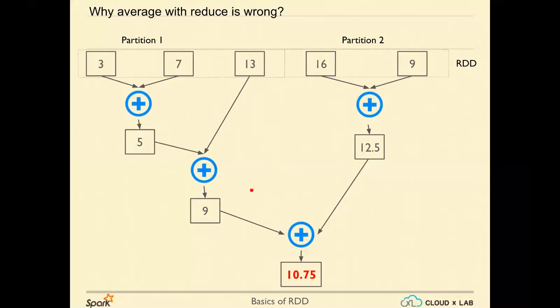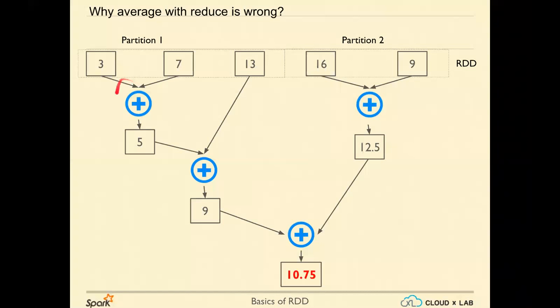Any other answers? Because it is not the simple average of all the numbers. It is the average of the first two numbers and then the average again with the third number, and so on. That's right. Correct. So the method of doing it itself is wrong, right?